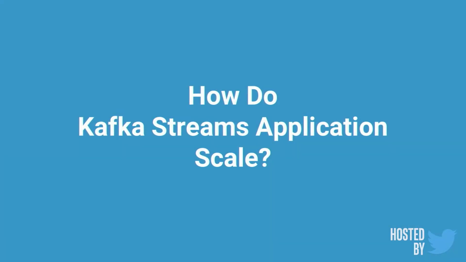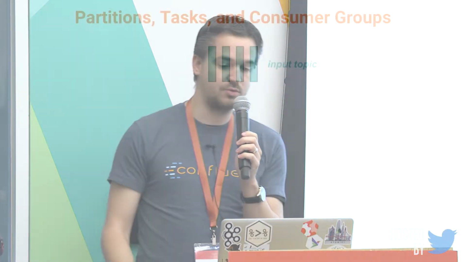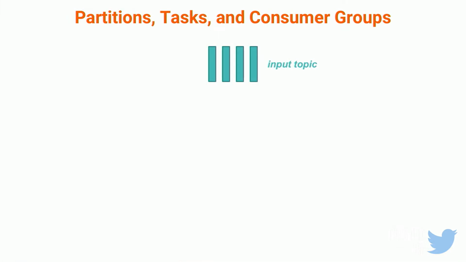So that's a basic thing, but how do we actually now scale an application like that? And for this, we have to look into how Kafka works. Kafka has this notion of topics that are partitioned. A partition is a unit of parallelism in Kafka, and that is what Kafka Streams inherits. In particular, we are representing this in so-called tasks.